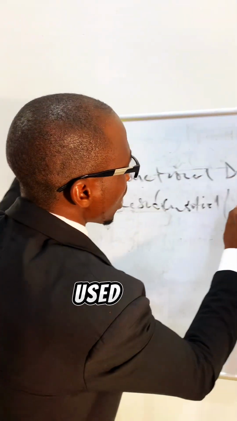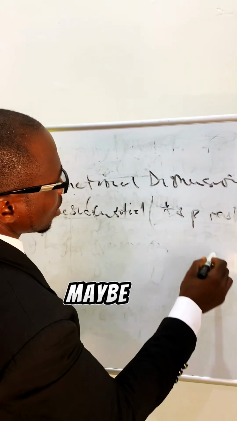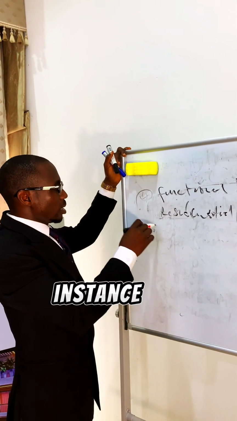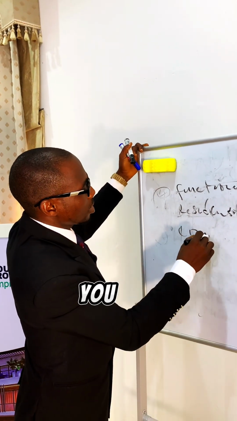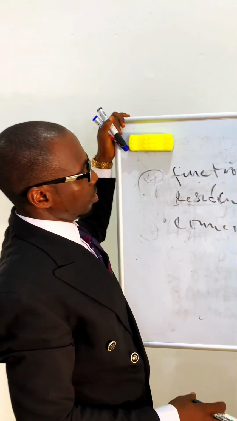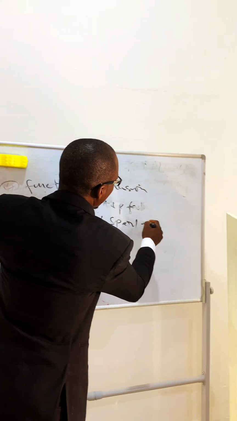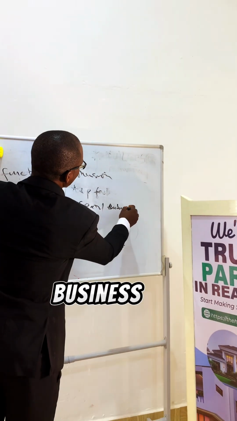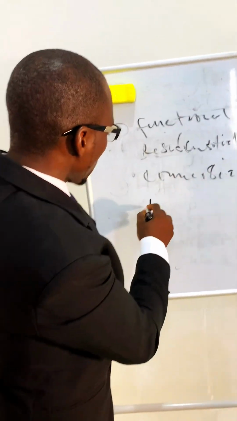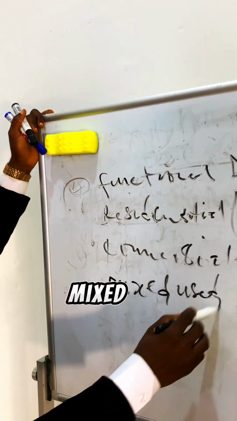So under residential, you have apartments, and then maybe real estate in general, or let me say flats, for instance. Then you have commercial. Under commercial, you have shops, and then business environments in general. Then you have mixed use.